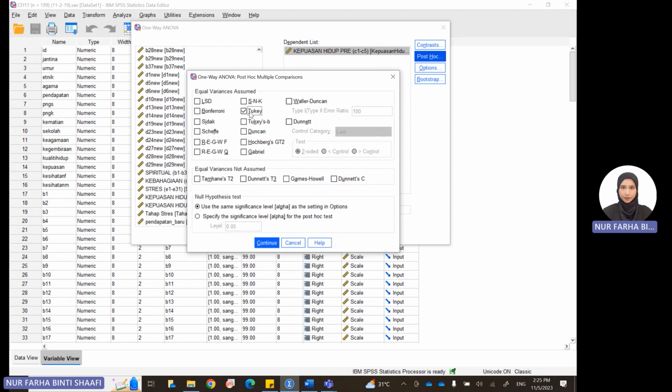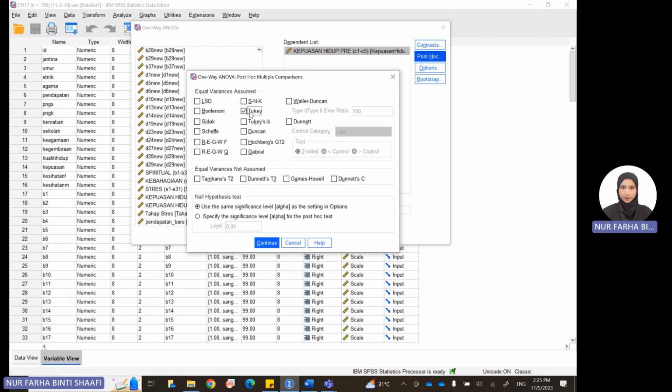Click Tukey. Actually there are a lot of tests here, not just Tukey. You have Bonferroni, you have LSD, but as far as I'm concerned, there are a lot of references and it is well known that researchers use Tukey as the post-hoc for one-way ANOVA.